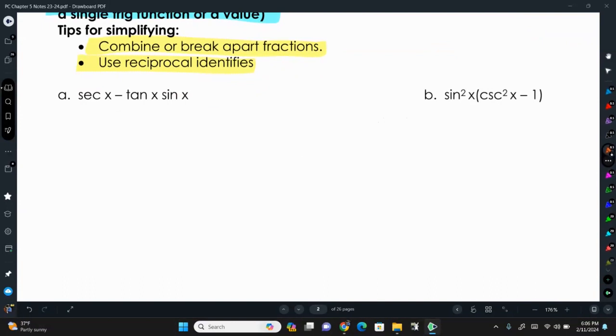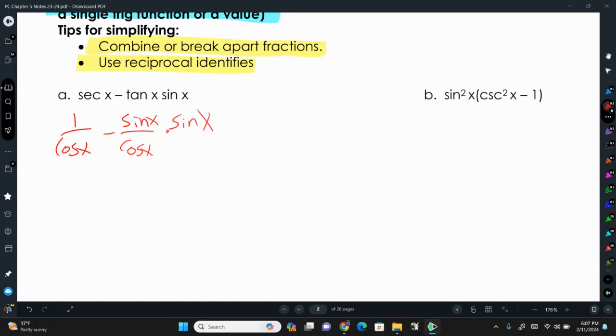So we know that secant is 1 over cosine x minus tangent is sine over cosine, times sine of x.